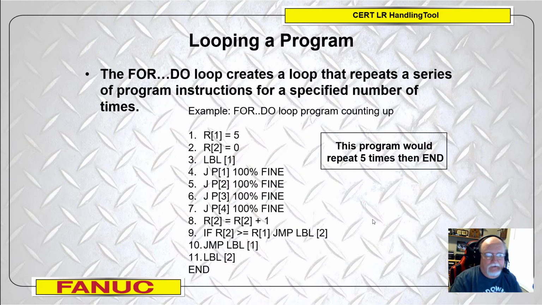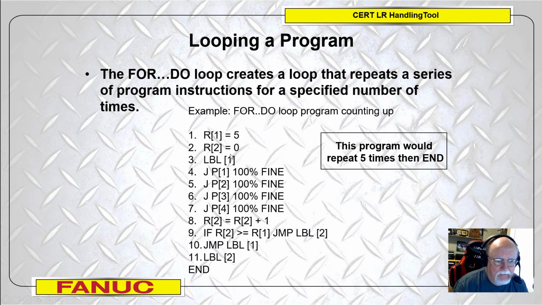So here's a good example for looping a program, and I'll probably print this one out and give it to you so you can find out how to loop your program. So let's walk through this real quick. We set a 5 into register number 1. We physically place that number in there from our program, and then we set a 0 into register number 2.